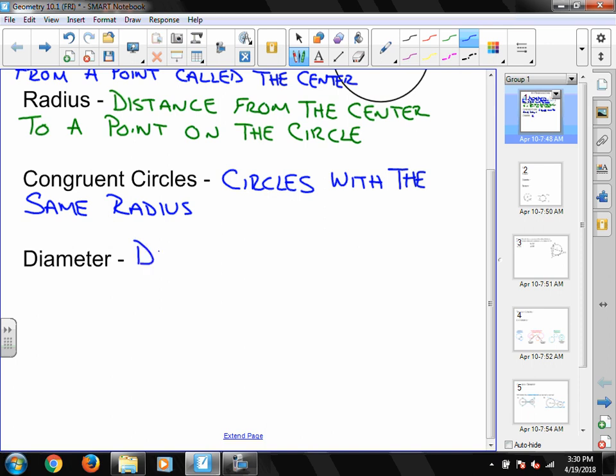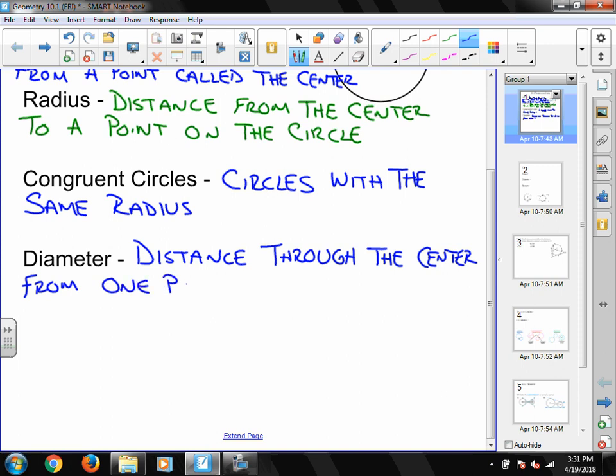Finally, the diameter is the distance through the center from one point on the circle to another point.